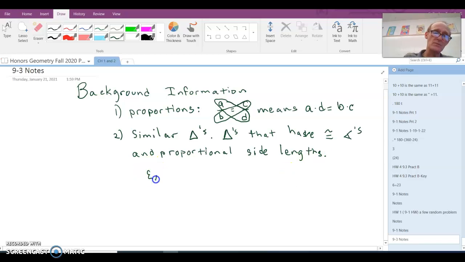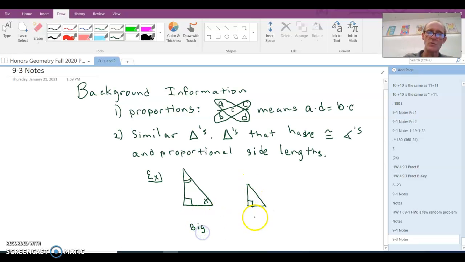For example, two triangles. This is big, small.